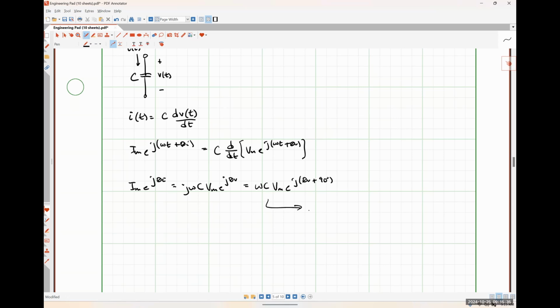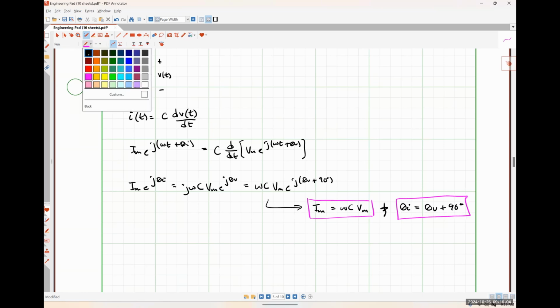So we can see that Im is equal to omega c times Vm, and theta I is equal to theta v plus 90 degrees. So in a capacitor, the current is always leading the voltage by exactly 90 degrees.